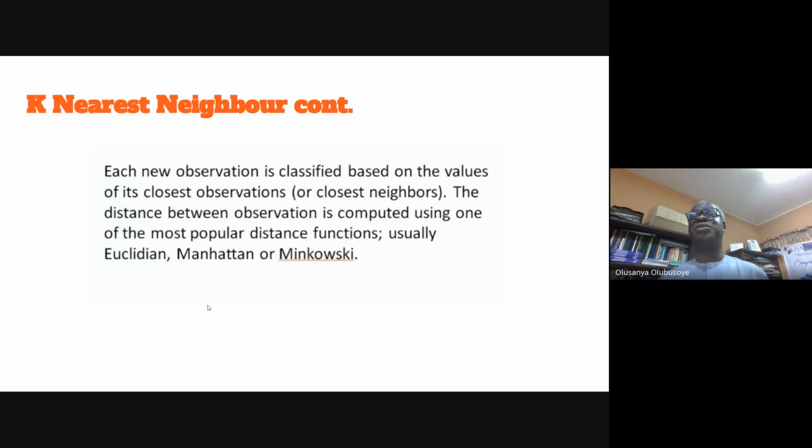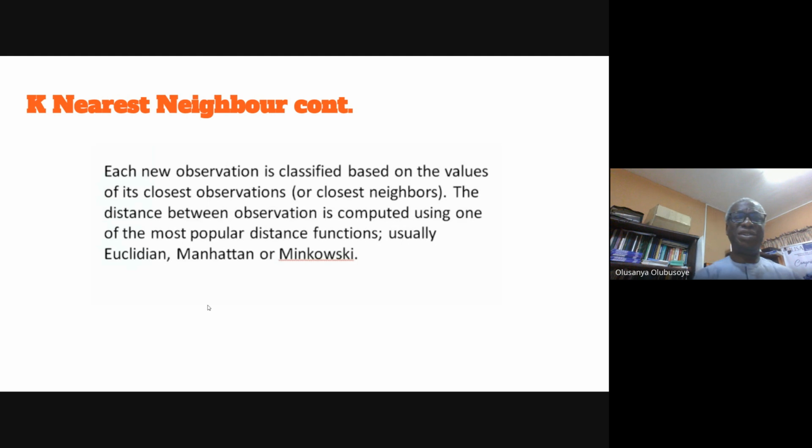But how do you determine a neighbor? As we are all scattered now, who is my neighbor? Some of you are joining from your home and so on. Distance will be used to determine the neighbor. Based on the distance, I can say, okay, this is my nearest neighbor, this is my far neighbor, and so on.